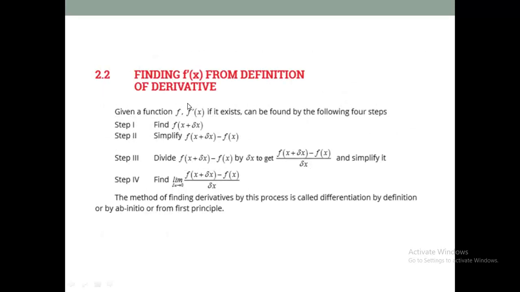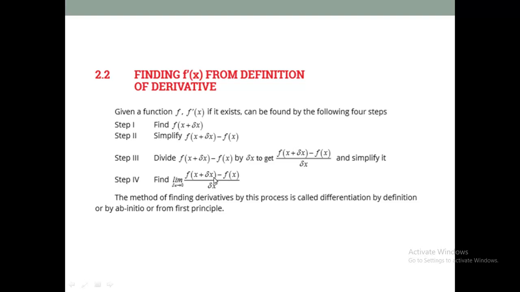Now, to solve the questions, remember these 4 steps. First of all, we have a function f of x. We replace x by x plus delta x. Then we subtract the changed value and the original value and divide by delta x, and then taking delta x tends to 0, we put the limit.